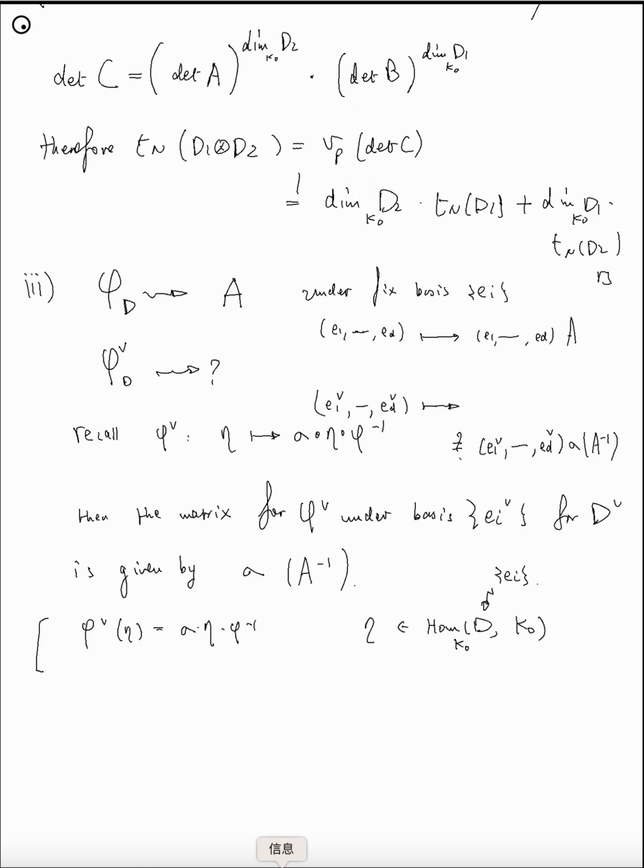It's totally linear algebra. So let's just check it on basis elements. So the question: sigma eta phi inverse over a basis element, is this the same as E1 du?